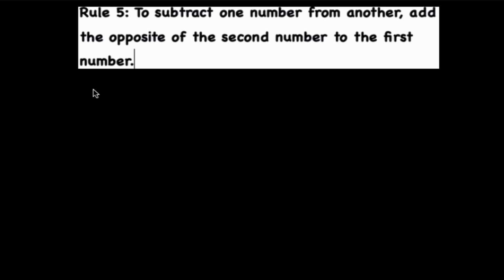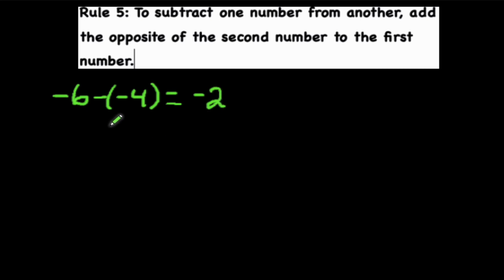Okay, so for rule number 5, it says to subtract one number from another, add the opposite of the second number to the first number. So let's say that you're given, and I'm going to show this by an example, negative 6 minus negative 4. Okay, and this is actually equal to negative 2.